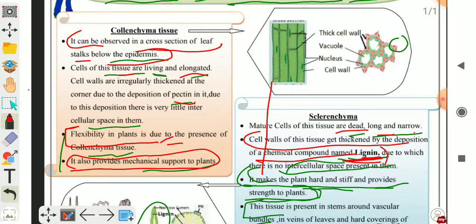Third, there is very little intercellular space in collenchyma, while there is no intercellular space in sclerenchyma. And what is the function of collenchyma?